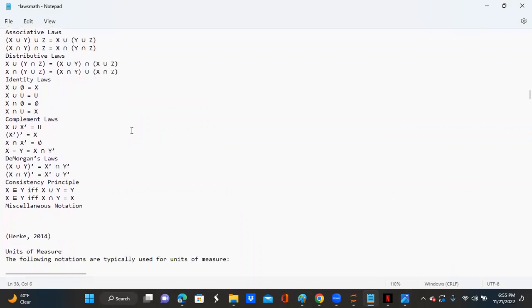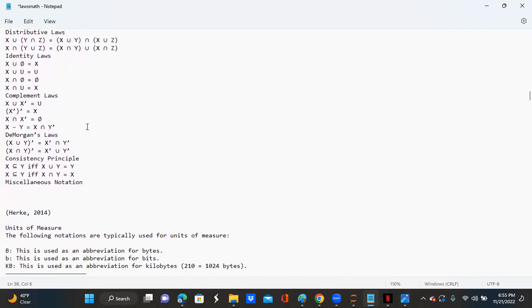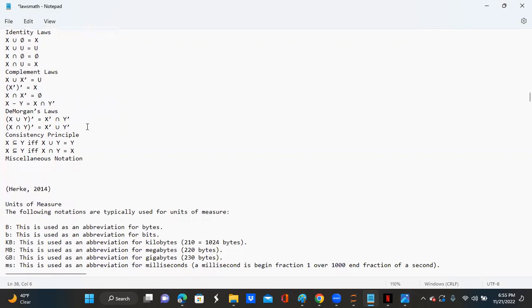The identity laws: x's union with a null set is x, x's union with u equals u, x's intersection with a null set equals null set, x's intersection with u equals x. Oh, sorry, I probably said that backwards on the last one too. Complement laws: the union of x and x prime equals u. X prime's prime equals x.